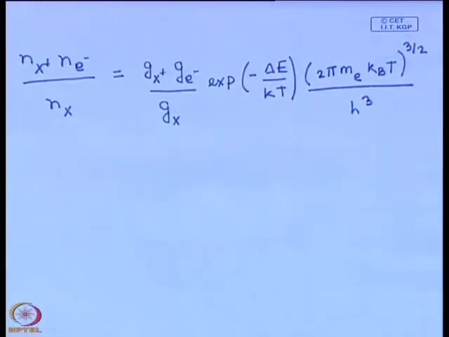It plays a very important role in astrophysics in a variety of situations. Okay. The ionization fraction, let me complete this. The ionization fraction is the fraction of the total number density that is ionized.